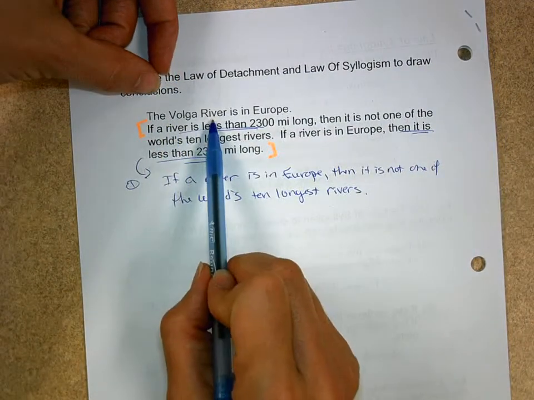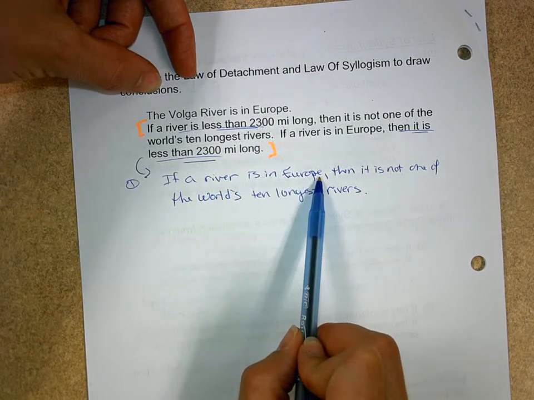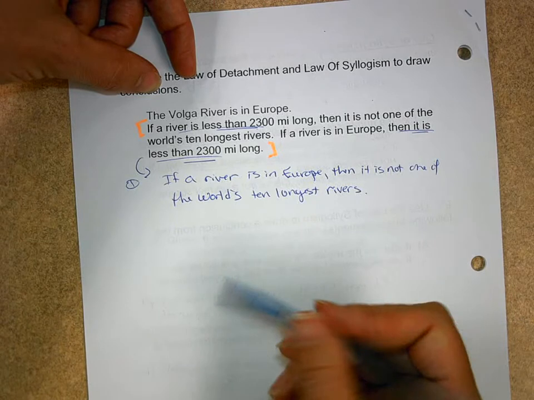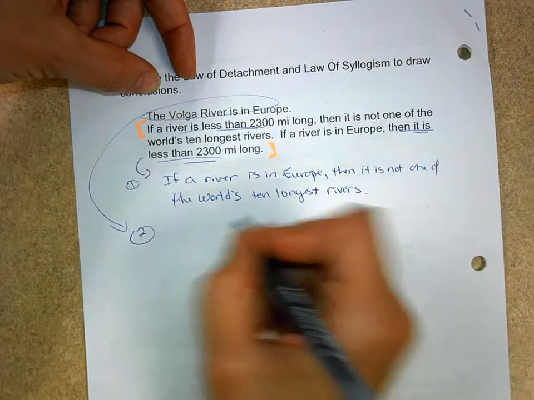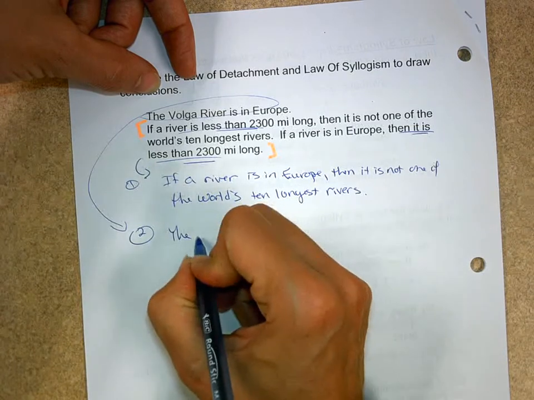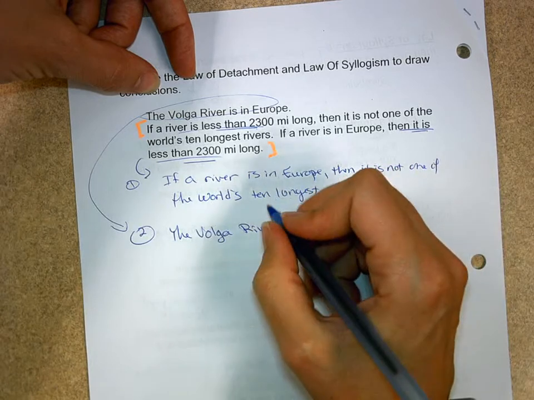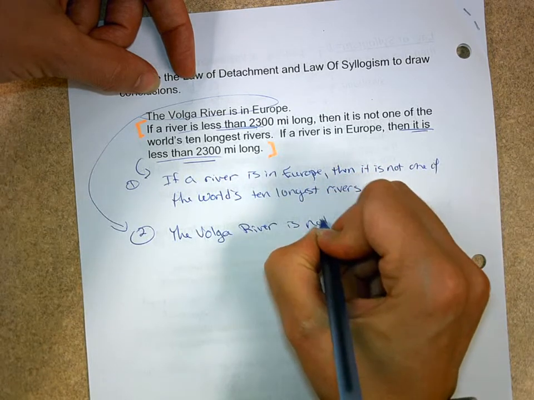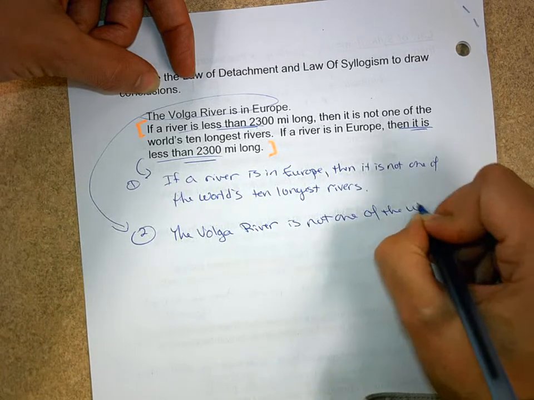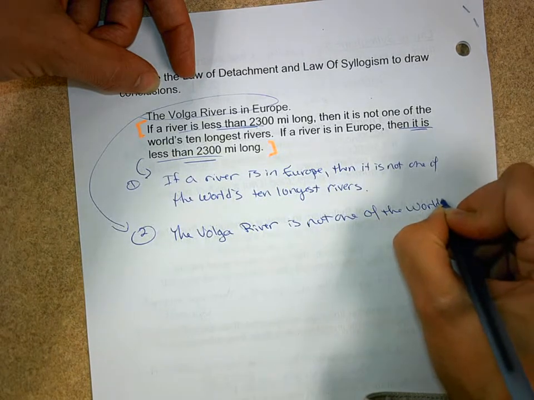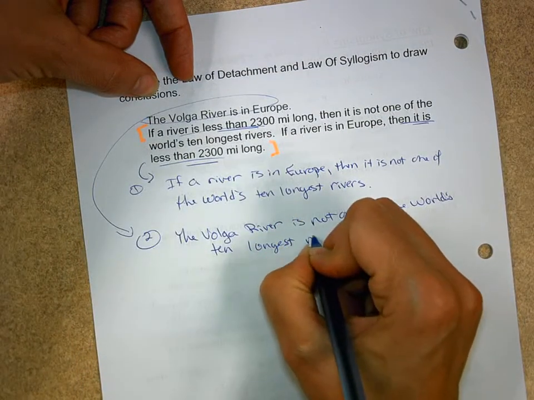It says the Volga River is in Europe. Well, the Volga River is in Europe lets me know that it's what? Now I can use this with step number two, and I realize, oh yeah, the Volga River is not one of the world's 10 longest rivers.